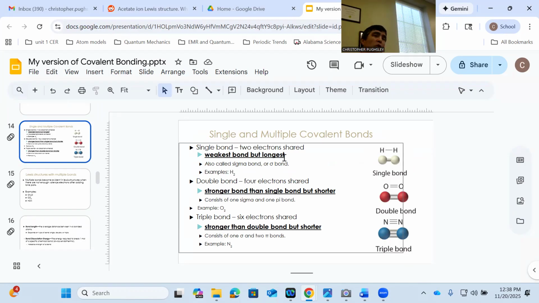The stuff that's in bold and highlighted and underlined, you don't have that, so you need to write that in. So a single bond is the weakest bond, but it's the longest. The double bond is a stronger bond than the single bond, but shorter. And the triple bond is stronger than the double bond, but even shorter.